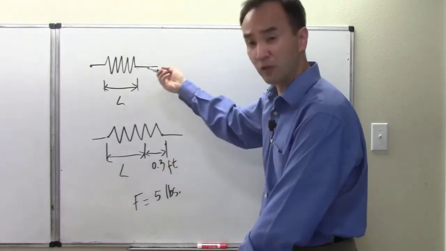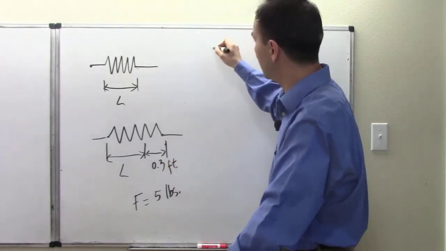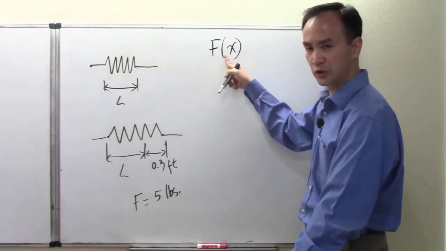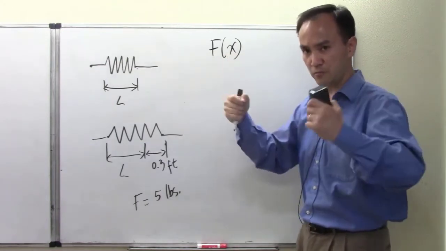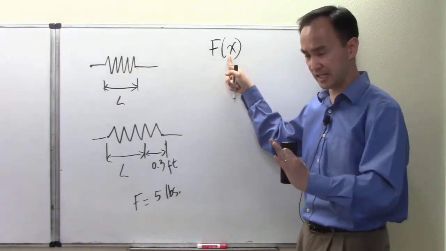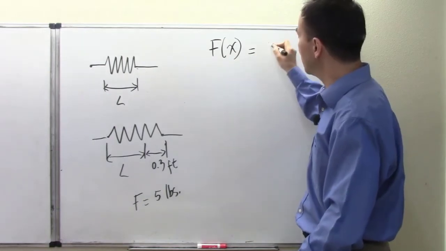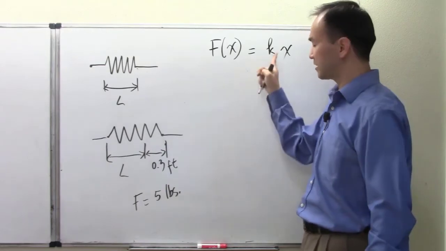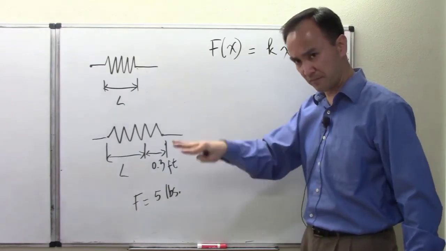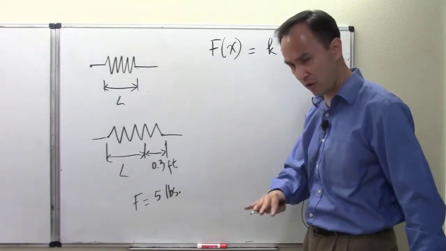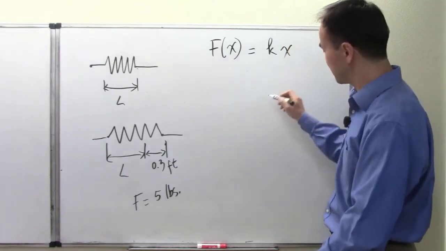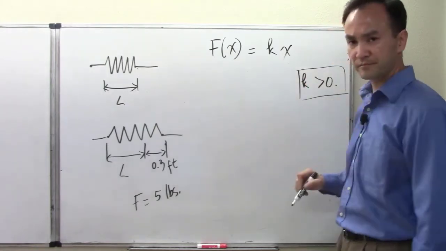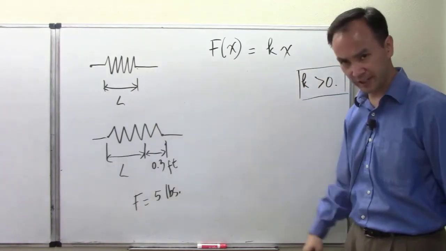But generally, according to Hooke's law, the amount of force to stretch or compress the spring at any distance beyond its natural length is going to be k times x. And in case I forgot to mention it in the general discussion about the spring, I have to emphasize the spring constant is always a positive constant, so that takes away the worry about signs.